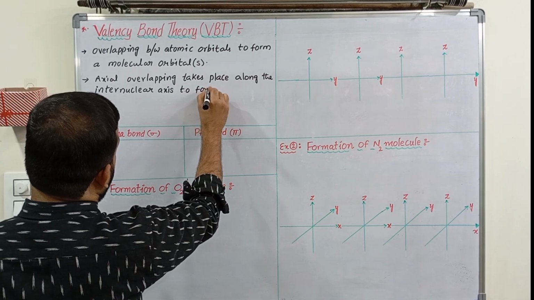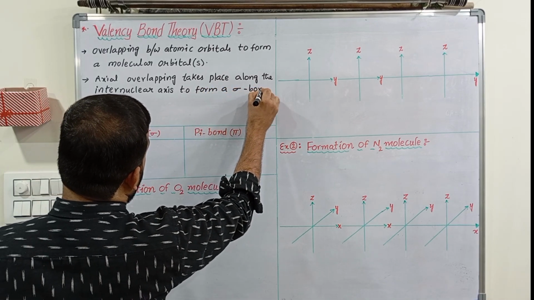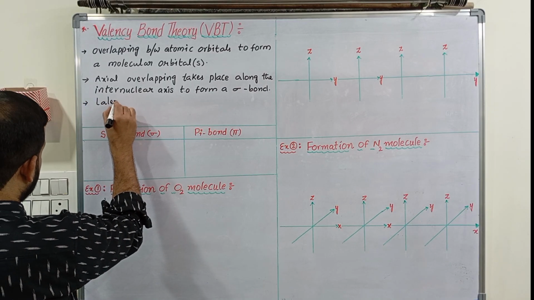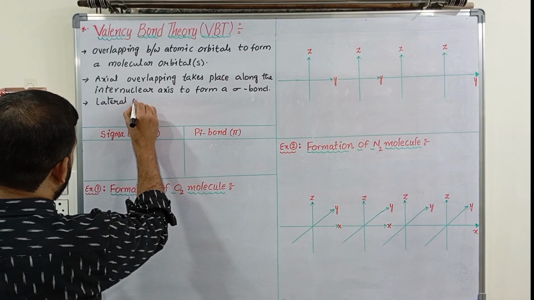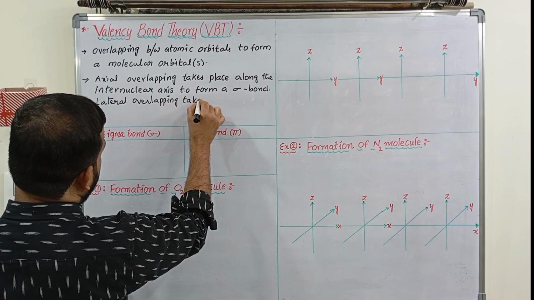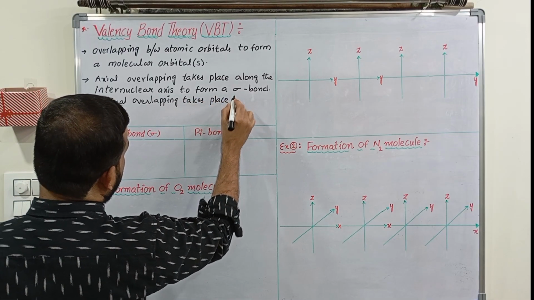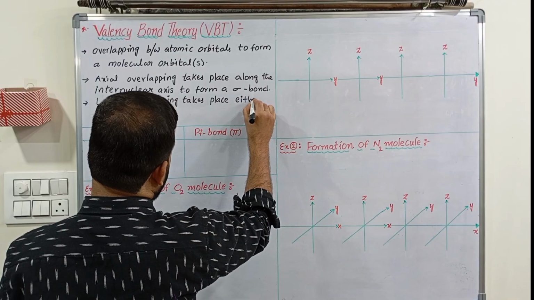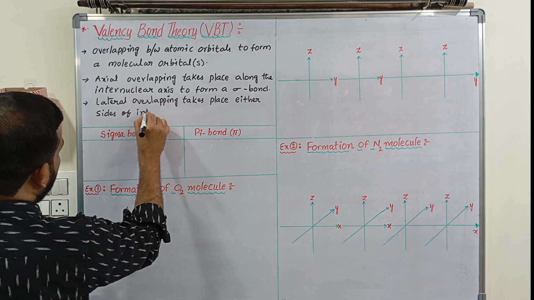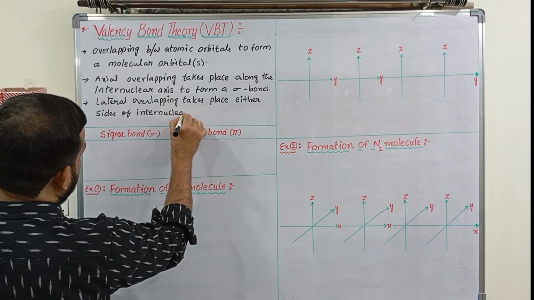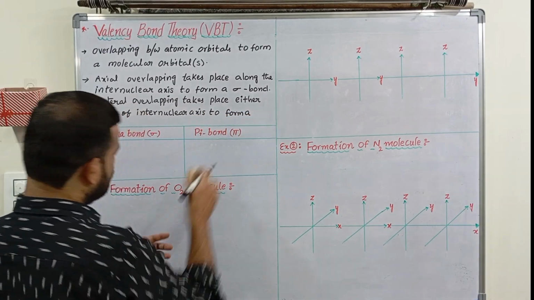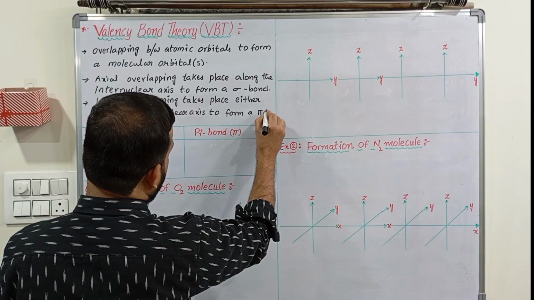Like that, lateral overlapping, meaning sidewise overlapping, takes place on either side of the internuclear axis to form a pi bond.